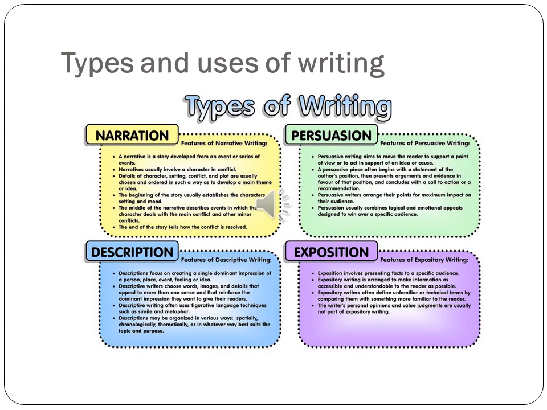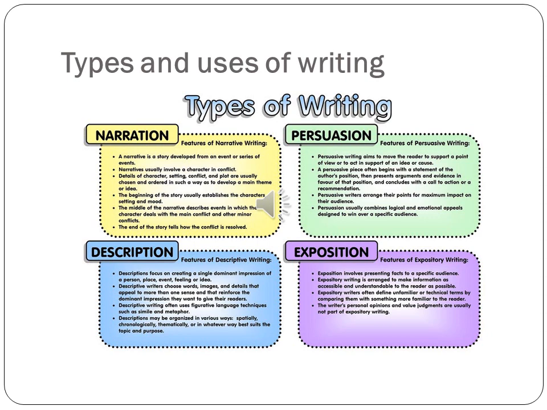Here we have some more information about uses and types of writing. So let's start with types of writing. Types of writing could fall into four types: narration, description, persuasion, and exposition. For the first type, we have narration, in which the writers narrate a story or something.